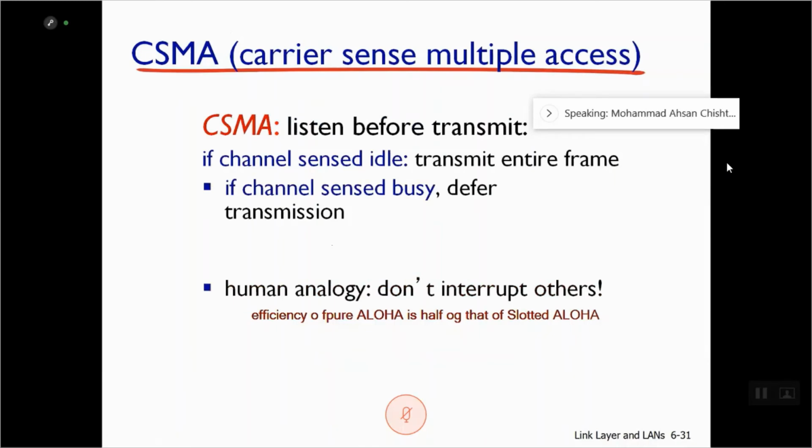Okay. The third category of random access protocol that we have is carrier sense multiple access protocol.